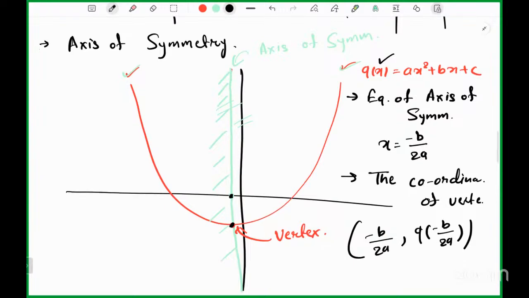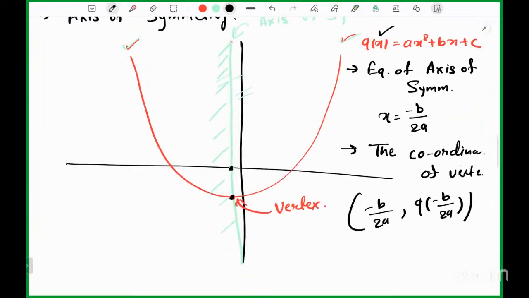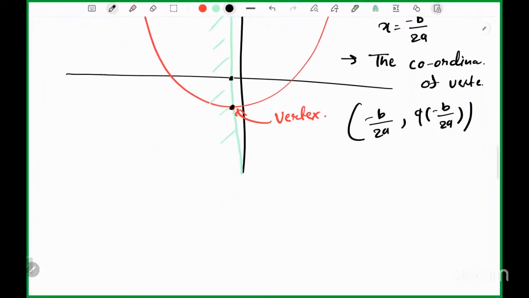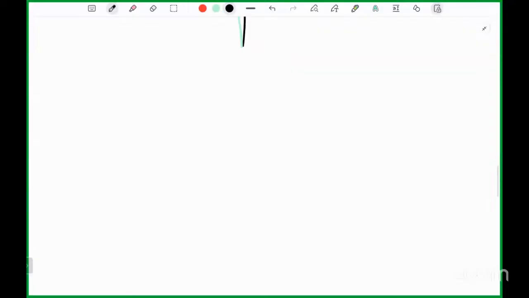Now here one more thing: how can we judge by the equation? Suppose a quadratic equation is given to you, and you want to judge whether it's an upward parabola or a downward parabola just by looking at the equation. That is determined by this particular a. Whatever sign a has will tell us which type of parabola we have.